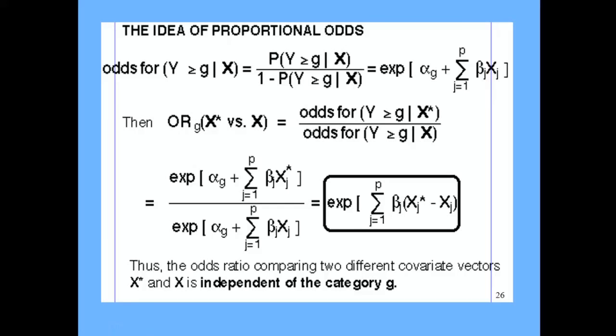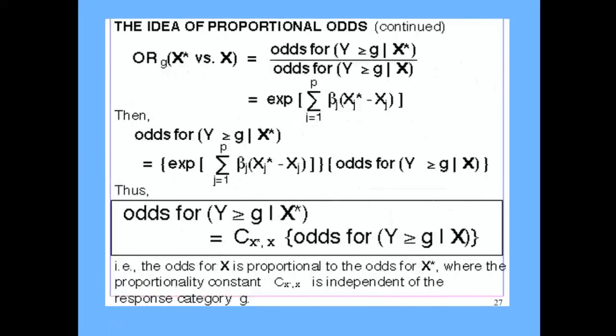Another way of saying that, with a little algebra, is that since the ratio of the odds for these two different people is equal to a value that doesn't depend upon g, then the odds for one person is equal to that value times the odds for the other person.